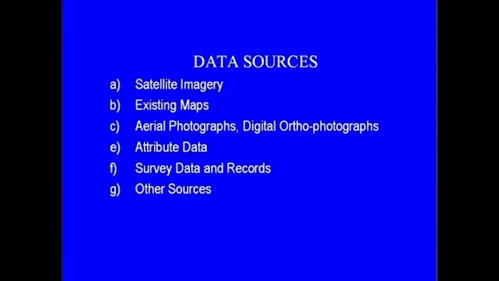So, these data sources could be satellite imagery, existing maps, aerial photographs, digital orthophotographs, attribute data, survey data and records, and other sources. So, let us look at each of these data sources one by one.